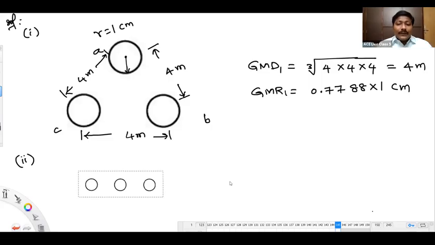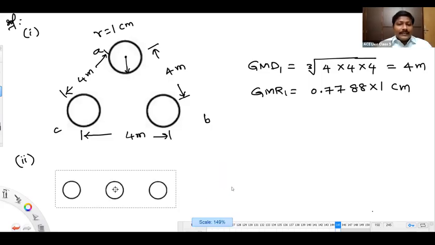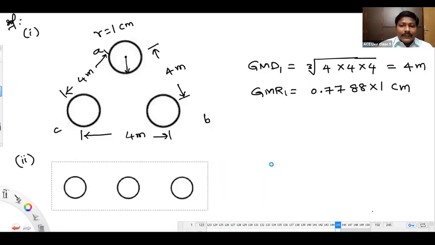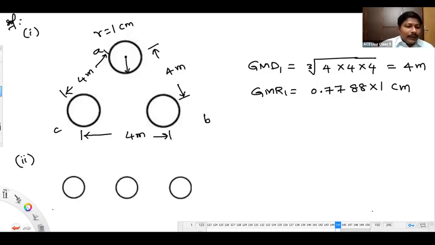It's a flat spacing three-phase system. Again, I'm saying it's a different three-phase system. You can call these phase A, phase B, and phase C conductors. The distances between the conductors is 4 meters: A to B is 4 meters, and the B to C gap is also 4 meters.